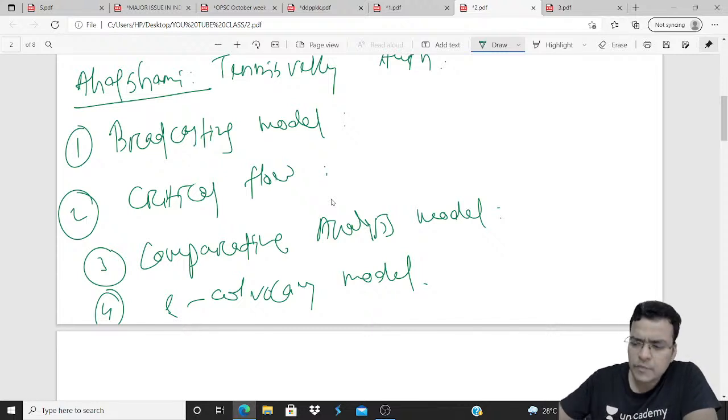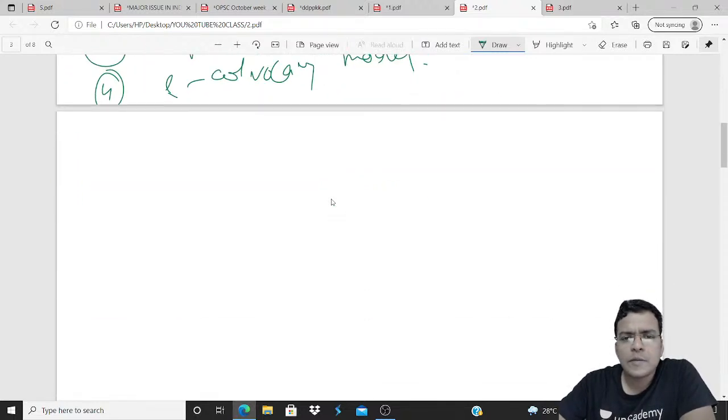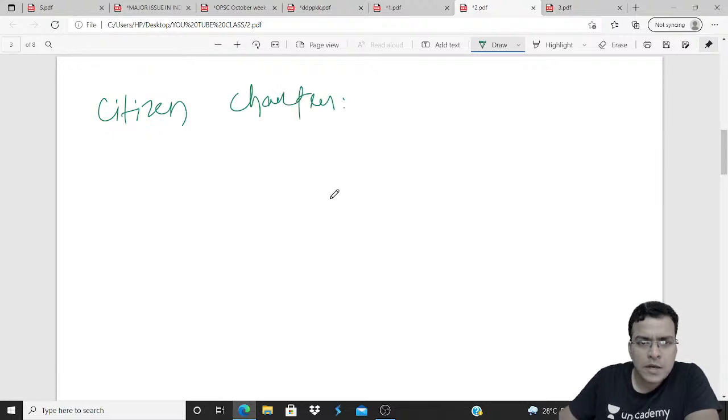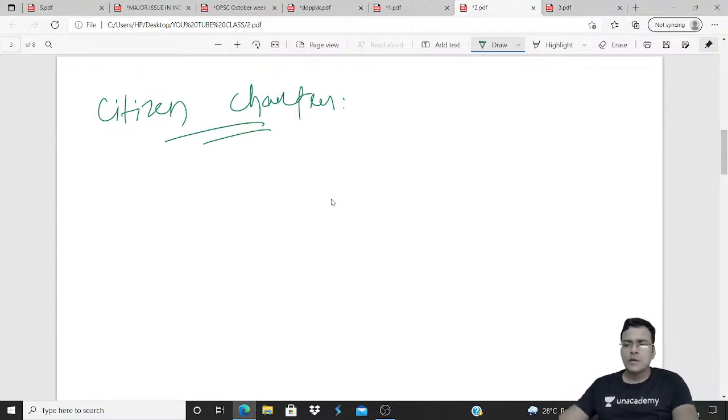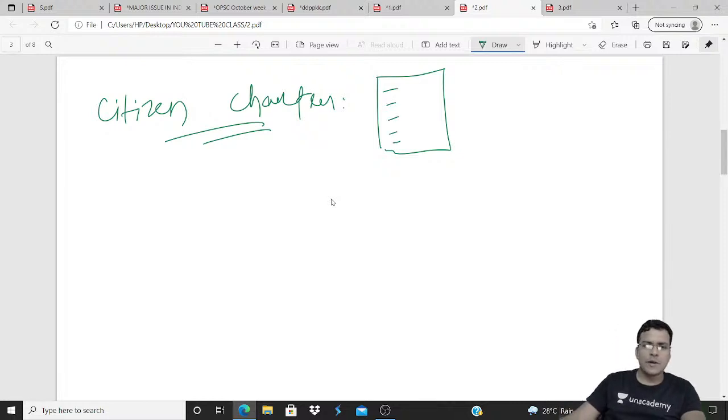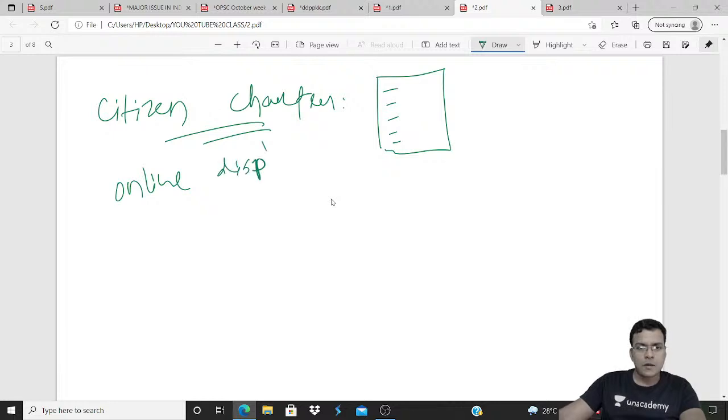Okay. After that you can write how Indian administration changed. For example, the concept of citizen charter. Write about citizen charter. A citizen charter is something where an administration or organization displays the services it provides. So now the citizen charter is online display.